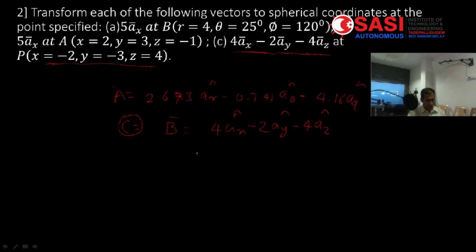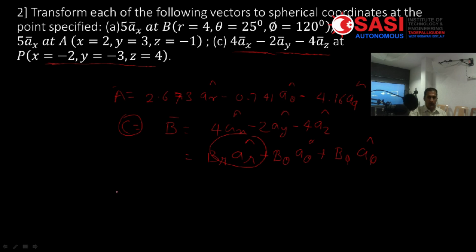So this one we can solve. We can compare it with the spherical coordinate system as BR AR cap plus B theta A theta cap plus B phi A phi cap. So one by one we will solve.